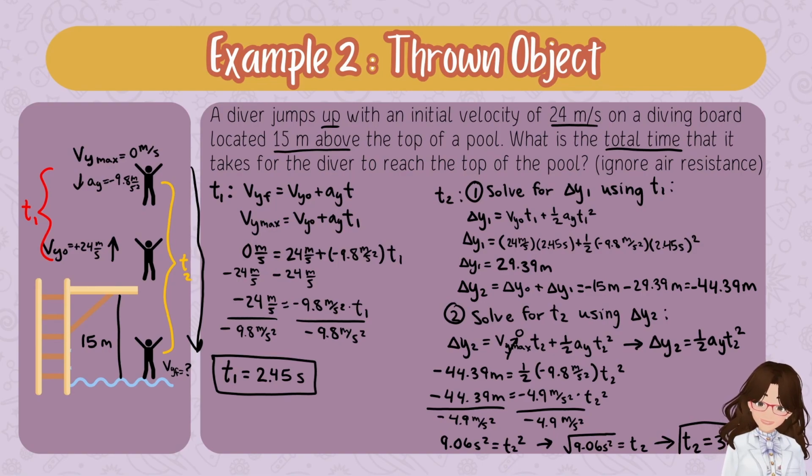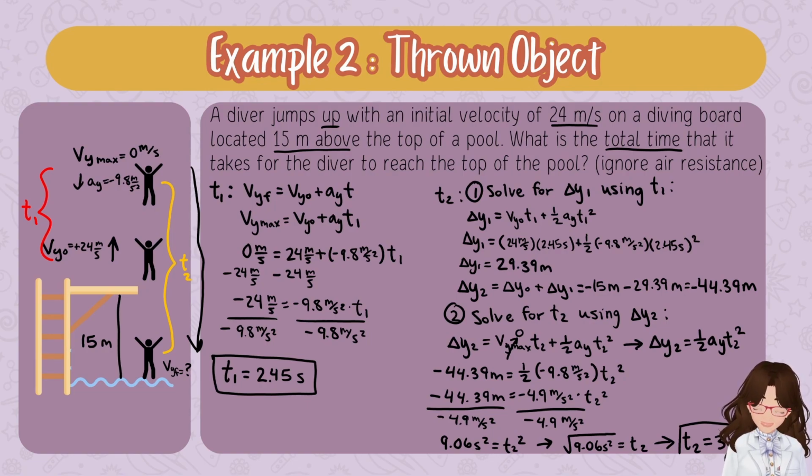Then we used that T1 information to solve for the vertical displacement upwards, right? That was initially positive. But then measuring the displacement from the diver's maximum height to the top of the pool is going to be the height of the diving board plus the height of the diver in the air. And that's how we got our delta y2.